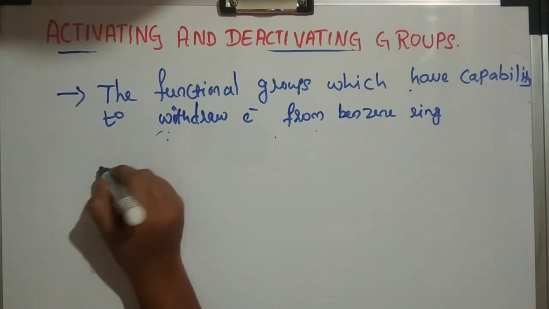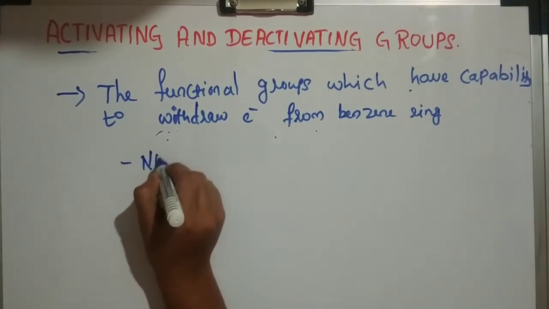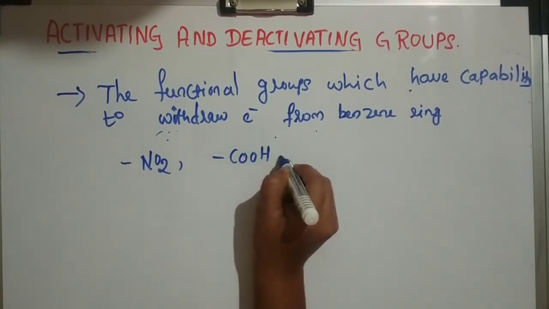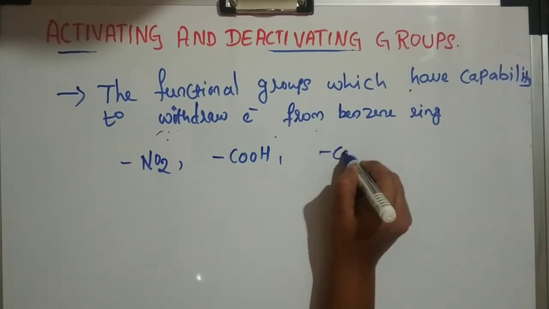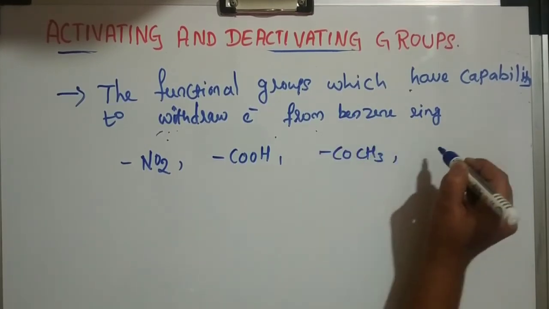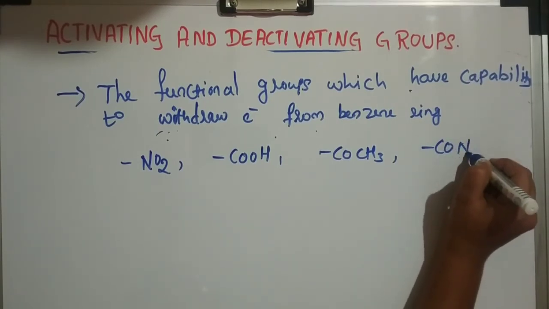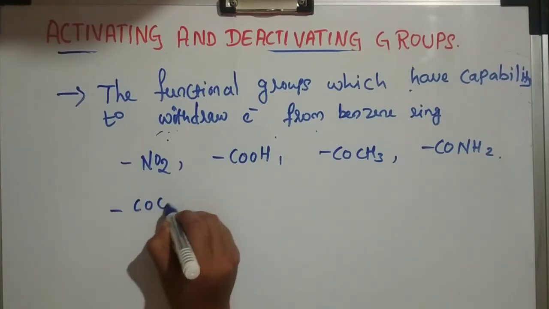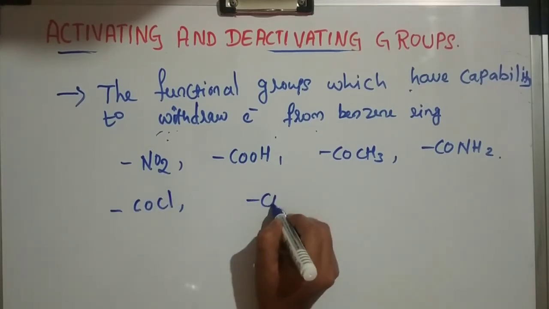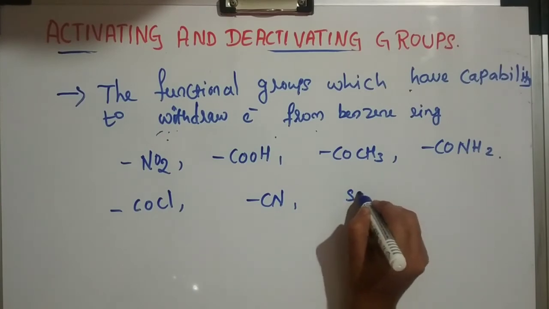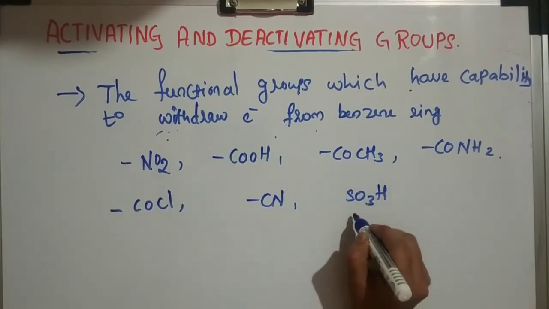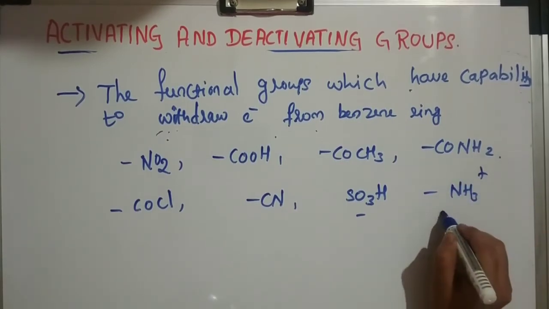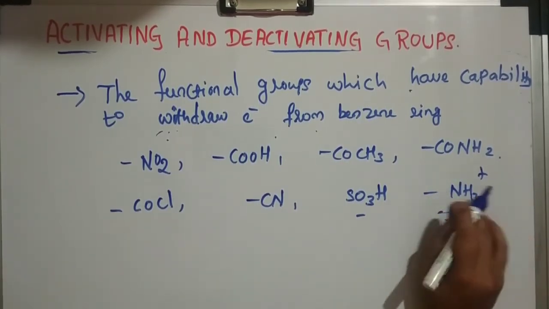We'll see some functional groups: nitro, carboxylic acid, ketone, and amide, then carbonyl chloride, nitrile, SO3H, that is sulfonic acid, and NH3+, that is the ammonium group.